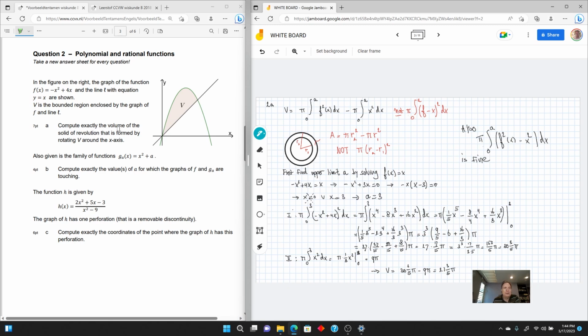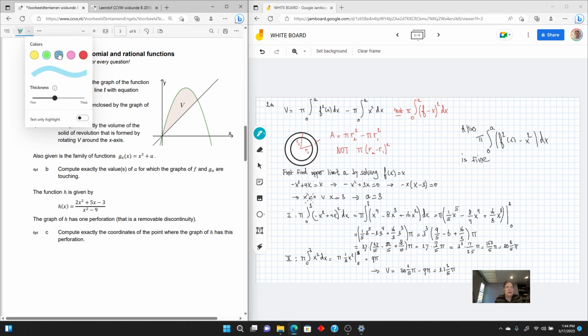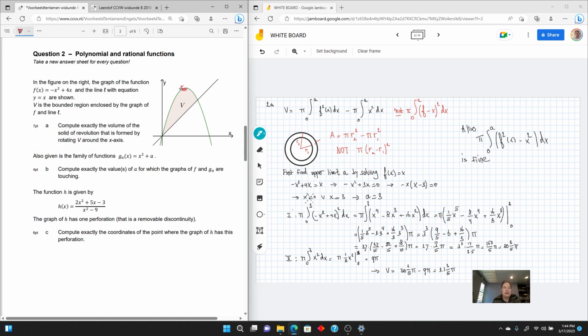Now they ask us to compute the volume of the solid of revolution that's formed by rotating V around the x-axis. Okay. So we are going to rotate this thing around the x-axis.